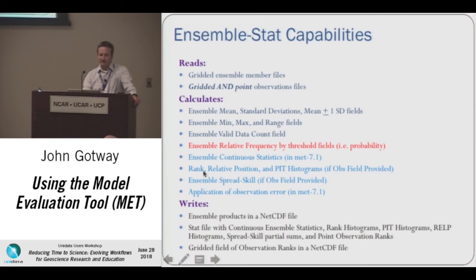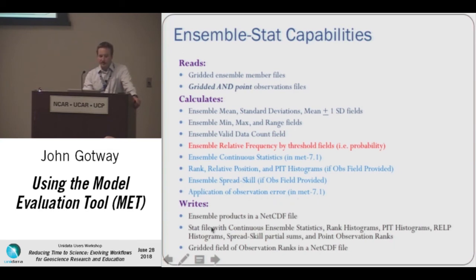The rank histogram, relative position count, which is very similar to a rank histogram, but instead tells you how frequently the nth ensemble member is the best. So it keeps track of, if you have distinct ensemble members, which one is doing better than the others. Spread skill, output line types, and application of observation error is new in MET 7.1.